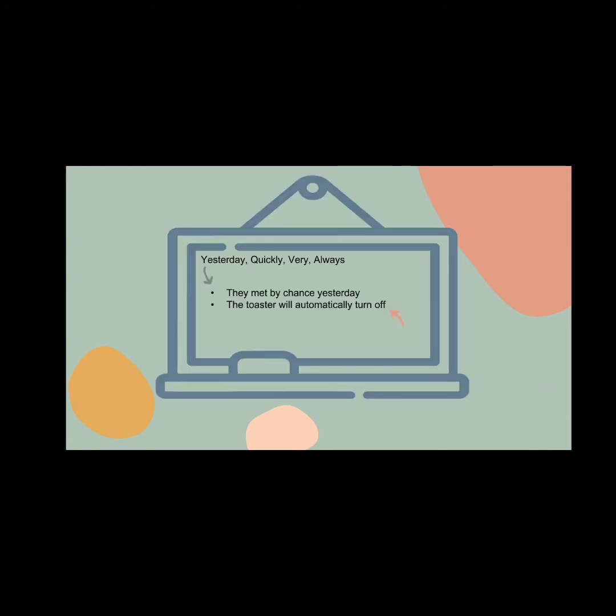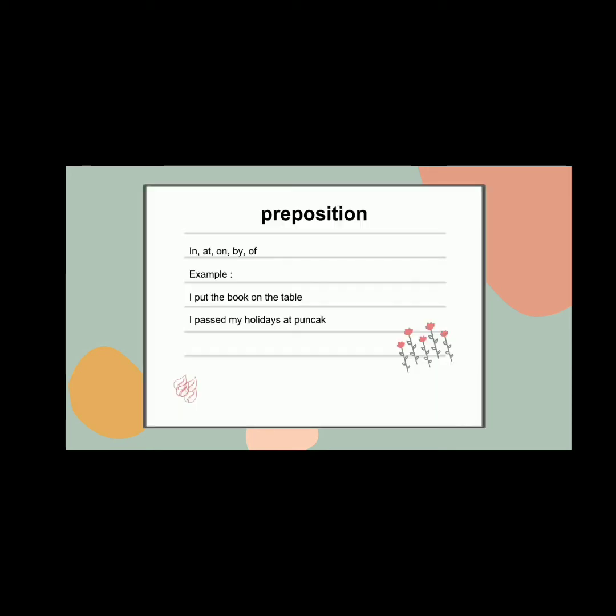Examples: yesterday, quickly, very, and always. Yesterday is an adverb of time, while quickly is an adverb of manner. Very is an adverb of degree and always is an adverb of frequency.